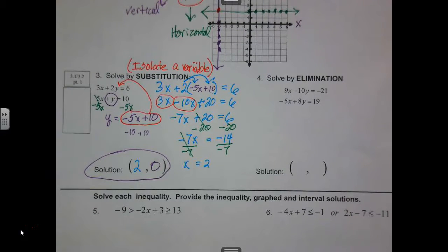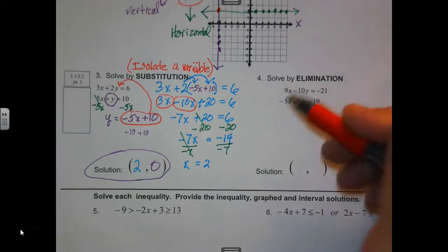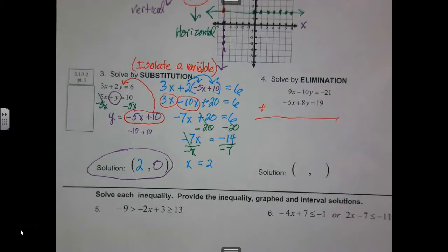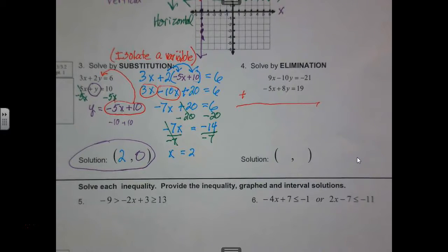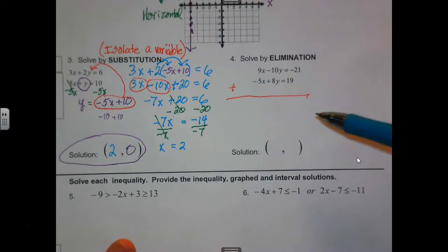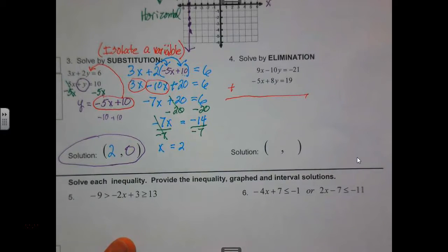Now, number 4, elimination. The idea here is that when you add these two equations together, one of the terms will eliminate or add up to 0. All right, number 4. If I added these right now, would I have any x or y eliminated?